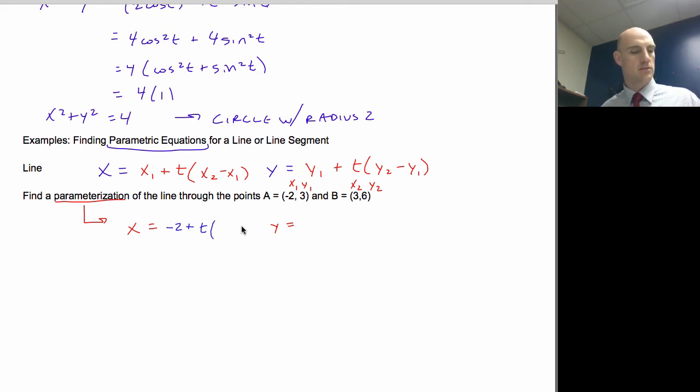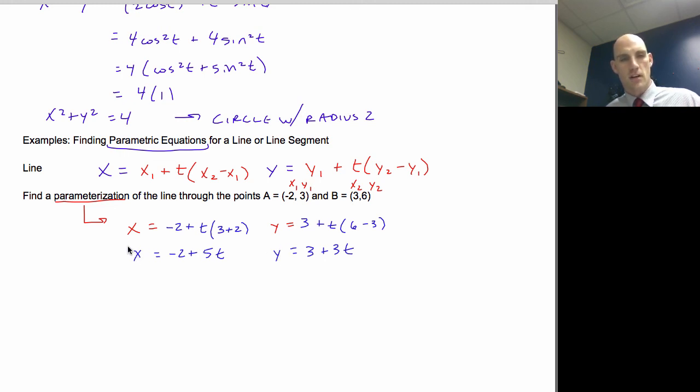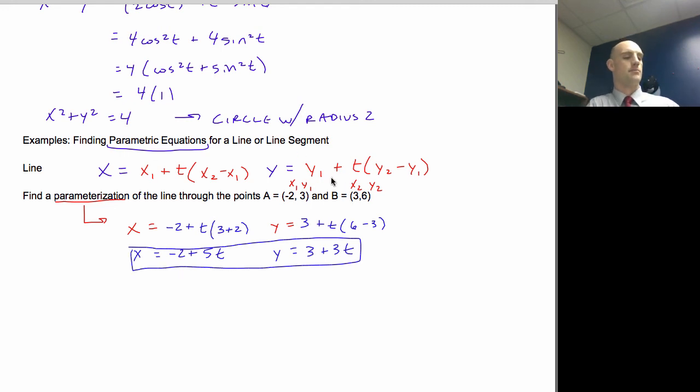And then it's going to be x2 minus x1, so 3 plus 2, because it's minus a -2. And so my x equation is -2 plus 5t. My y equation is 3 plus t times 6 minus 3. And so it's 3 plus 3t. So what's my answer? This is my answer. Both equations here are the parametrics between the 2 points.